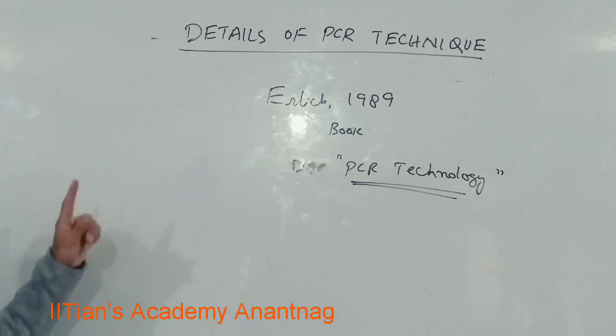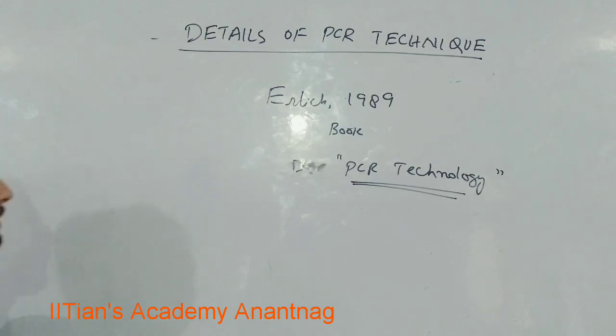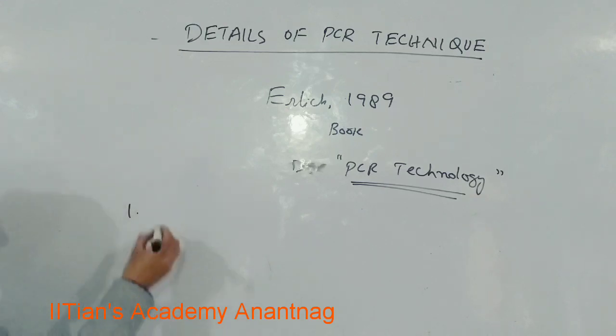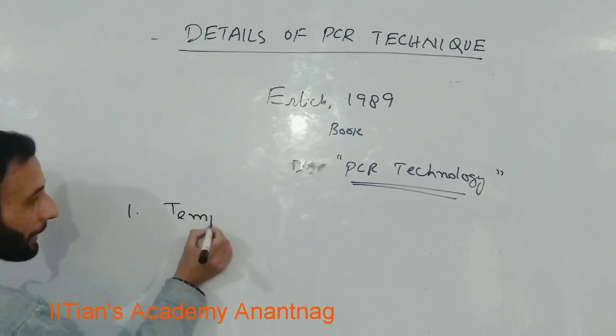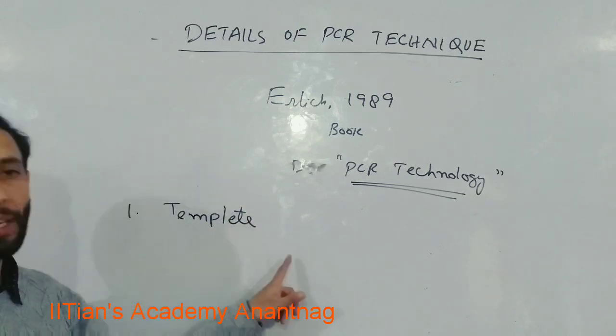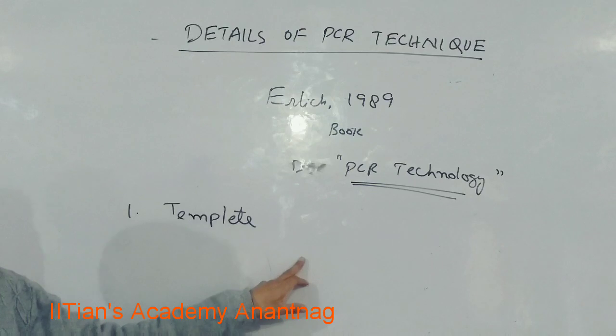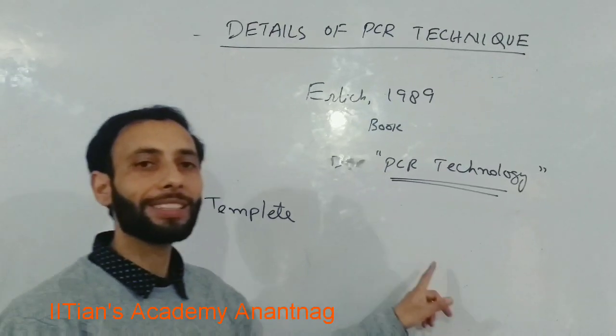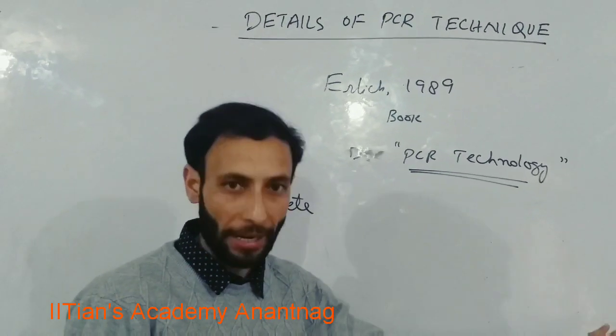So the main requirements of PCR include, number one, a DNA template. A template is any DNA strand from which we are able to synthesize a new DNA strand.